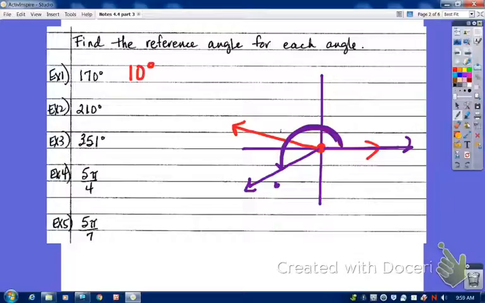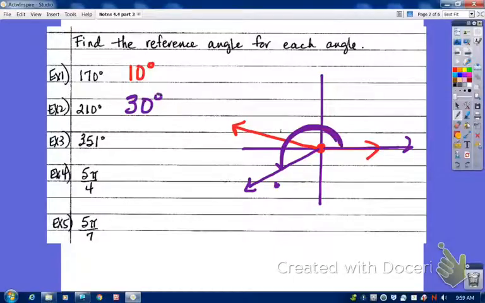We've got to get back to the x-axis. So our reference angle needs to be the smallest way to get back to the x-axis. You could go back to the x-axis here, or you could go back to the x-axis here. How many degrees? If you're at 210 and this is 180, how many degrees does it take to get back to the x-axis? 30 degrees. All right, that's all you're doing.